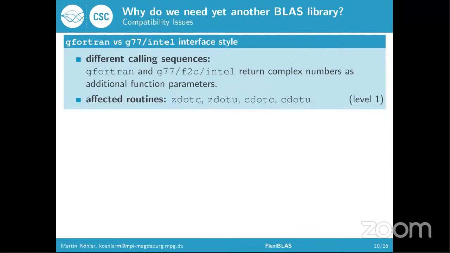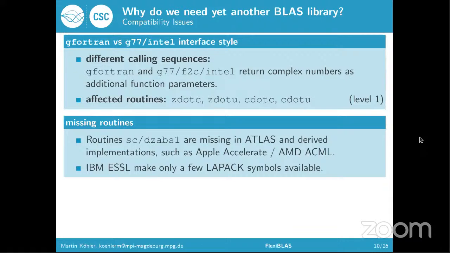In BLAS, it's only 4 functions affected by this problem. But if you are not really sure what your BLAS library is doing and which interface they have, and you're linking the stuff against your software, that can get some trouble.